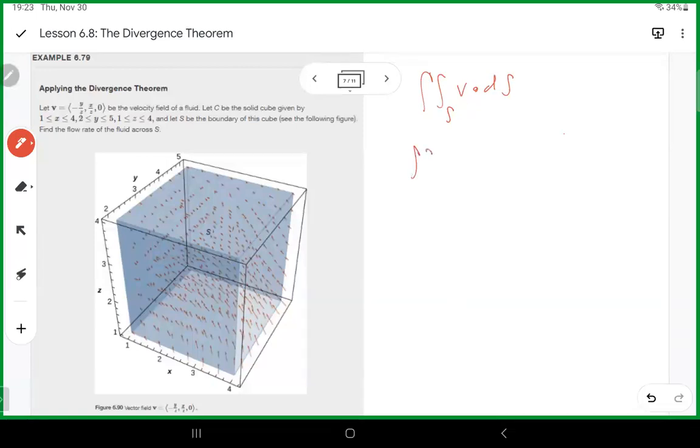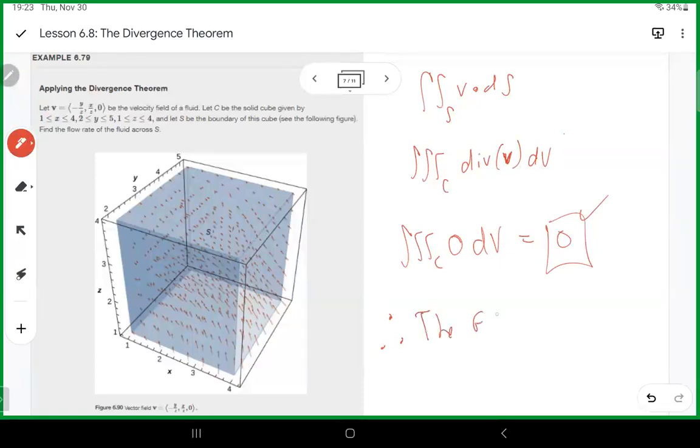That becomes a triple integral. There you go. So therefore, the flux is 0, as expected.